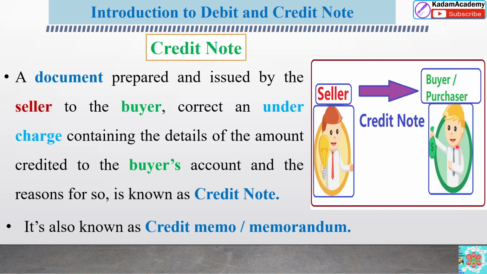The party who sends, that is the seller, becomes a creditor, and the party to whom it is sent, that is the buyer, becomes a debtor.